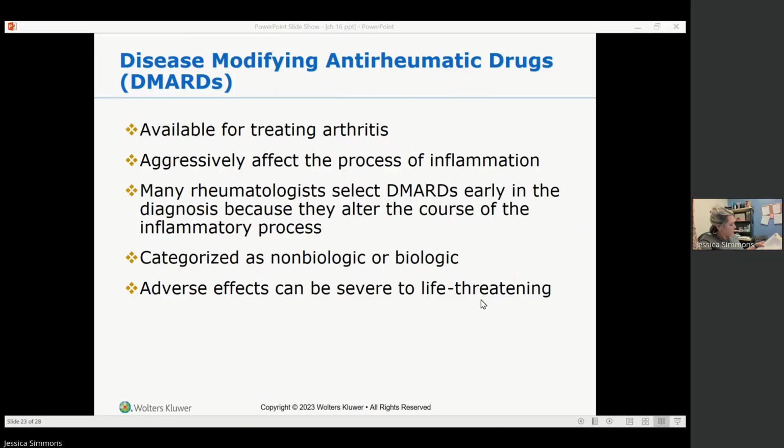They should not be used in pregnancy. Remember, methotrexate is fetus deletus, and you can't get pregnant during or 6 months after you stop methotrexate.